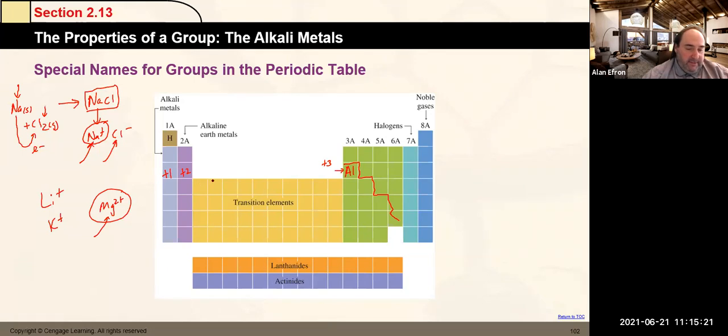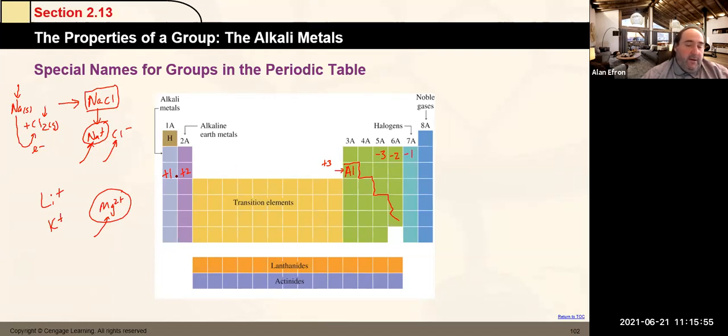We go +1, +2, +3, which is what we expect with metals: as they lose electrons, they become more positive because they have more protons than electrons. But non-metals, based on those periodic trends, accept electrons. If they gain electrons, they have more electrons than protons, and they become negatively charged. So typically group 5 is -3, group 6 is -2, and group 7 is -1.